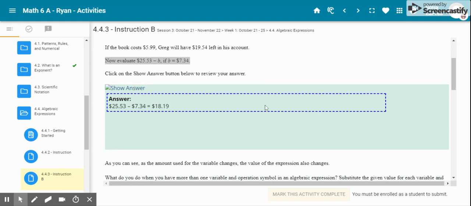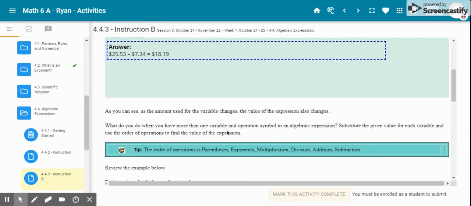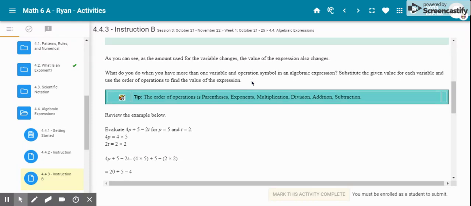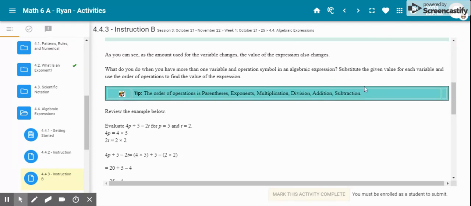If you got $18.19, that was the correct answer. If you did not, go back and check your work and see where you either made an error in calculation or where you might have been confused about setting up the problem. So when we change the amount used for the variable, the overall value changes. All right, we're going to stop right there and you can click on the next video to continue.